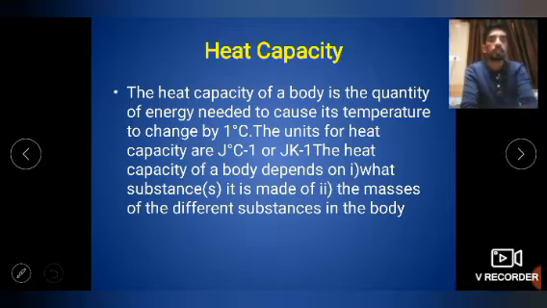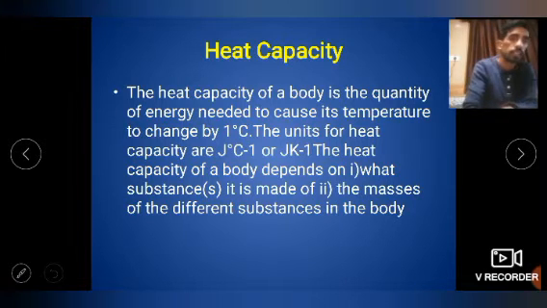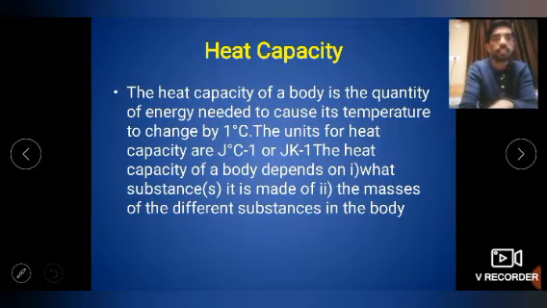Basically, heat capacity of a body is the quantity of energy needed to cause its temperature to change by 1 degree Celsius. The unit of heat capacity is joule per degree Celsius or joule per kelvin. The heat capacity is denoted with capital C. Please note down this definition in your notebook.